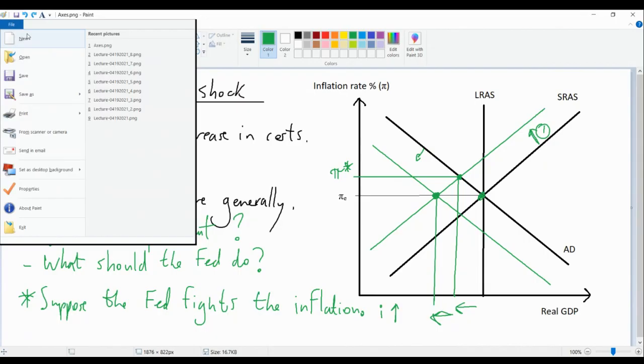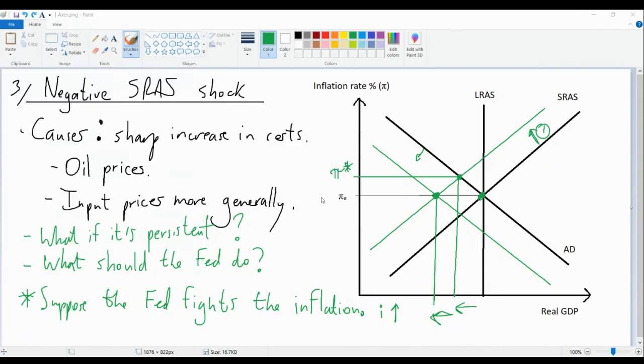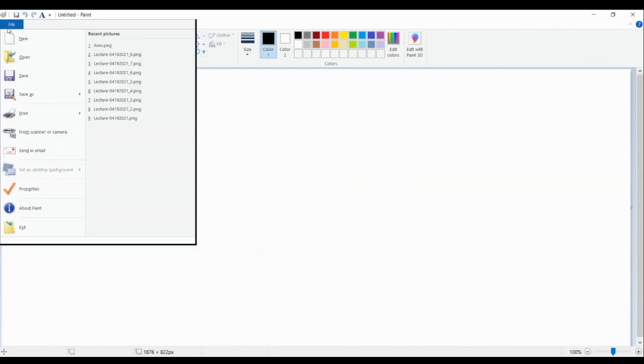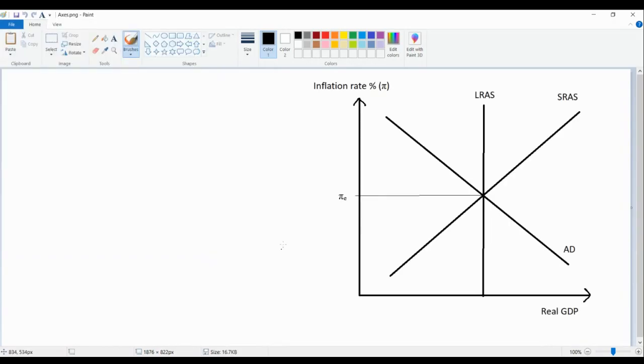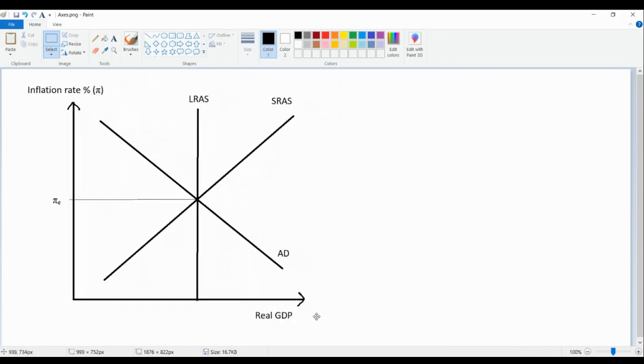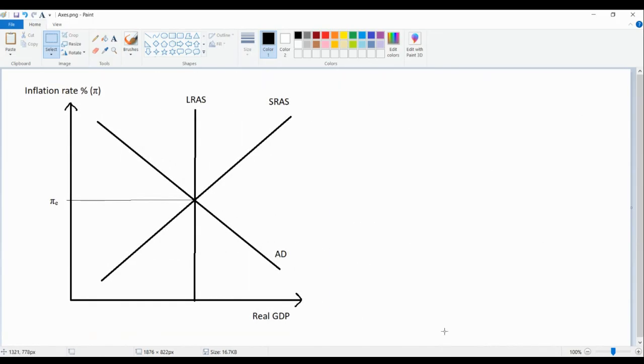One is, where are we now? You may have heard in the news that it's being discussed that long-term bond rates, let's say 10-year rates, are rising.